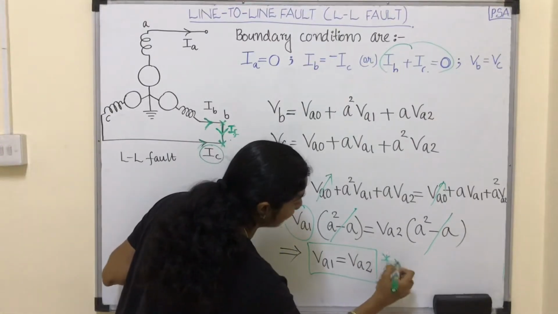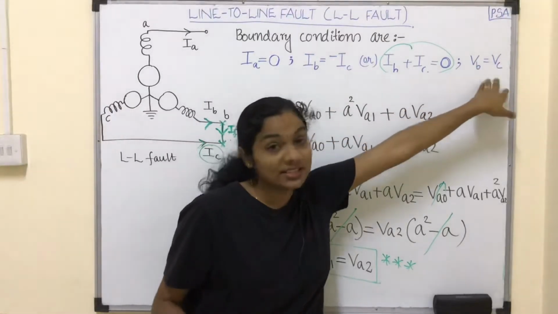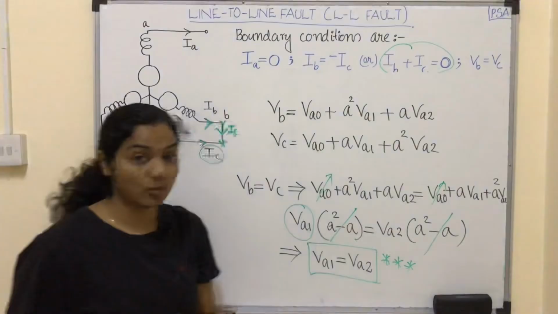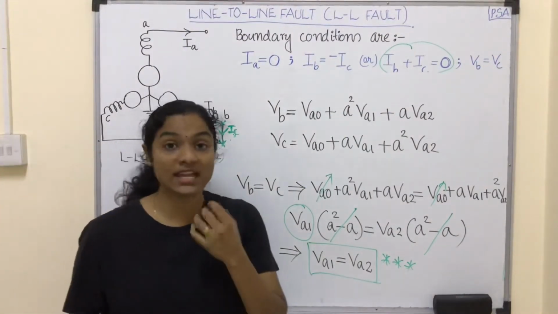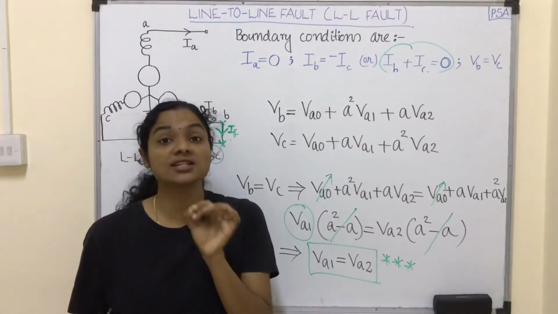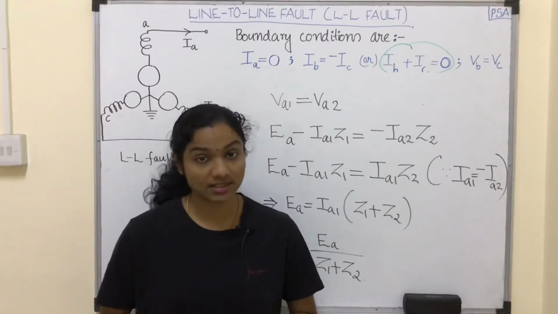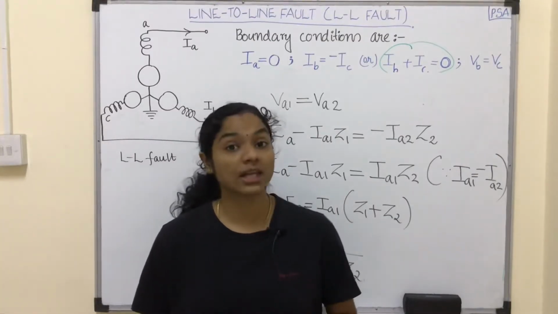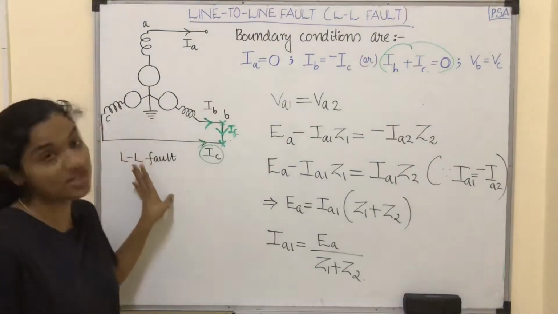This is another result we got from this boundary condition VB equal to VC. And with this result, let's see how we can derive an equation for positive sequence current IA1. From the sequence network of generator, we know the value of VA1 and VA2 for an unloaded generator, right?